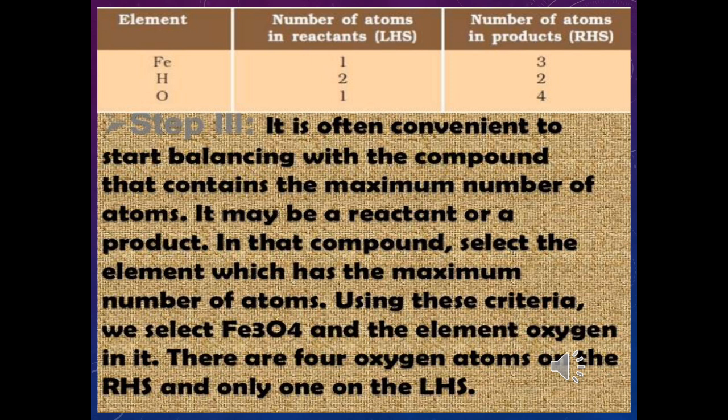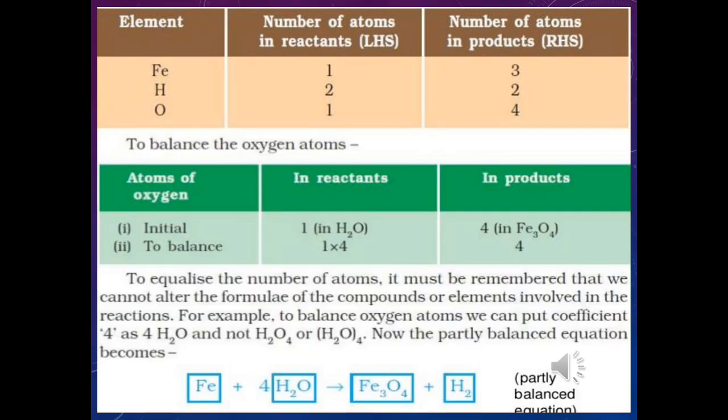Using these criteria, we select ferric oxide Fe3O4 and the element oxygen in it. There are 4 oxygen atoms on the right hand side and only one on the left hand side. To balance oxygen atoms, in reactants 1 oxygen, in products 4 oxygens.